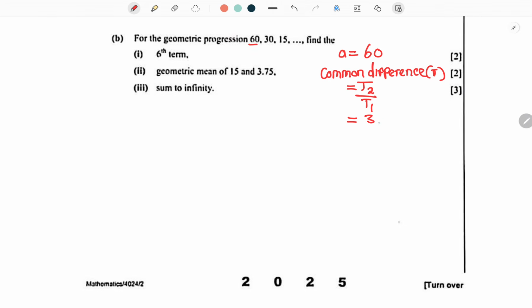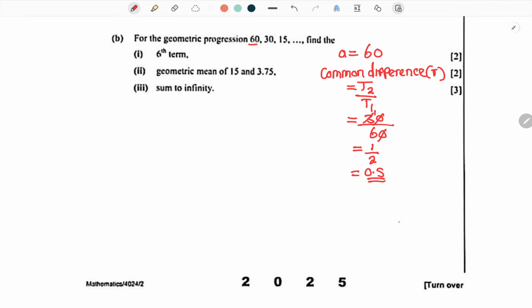Our t2 is 30 over t1, which is 60. So when you cancel this side and this side, your common ratio is going to equal 1 over 2, which can also be written as 0.5. Okay, so this is your common ratio.